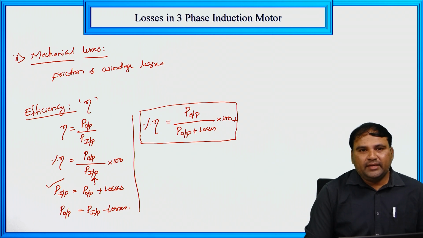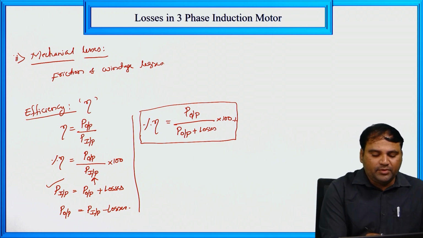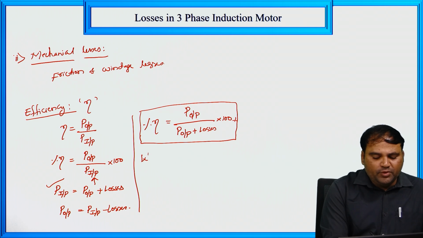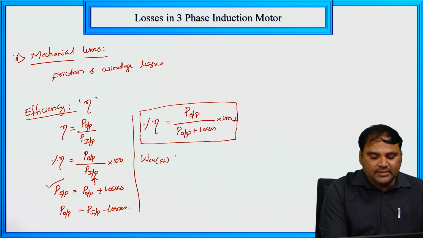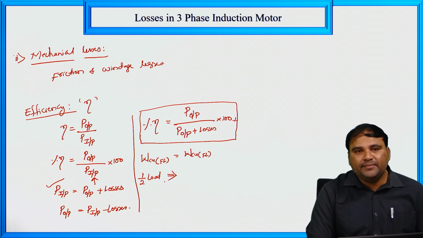In the losses we have the copper losses here. For example, the full load copper losses are the same as the actual copper losses. Suppose for half load, how can we calculate the copper losses?